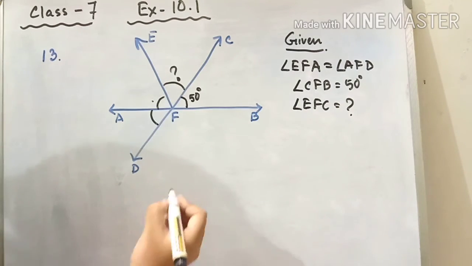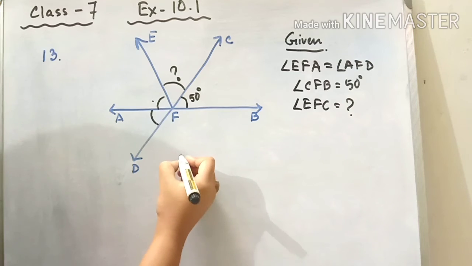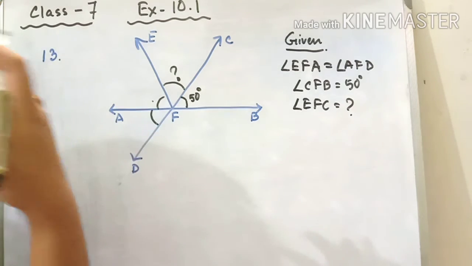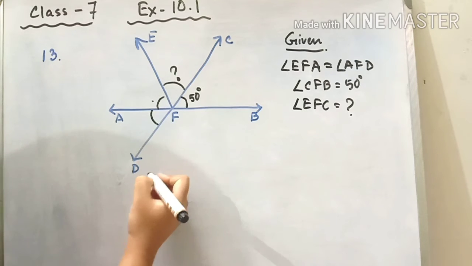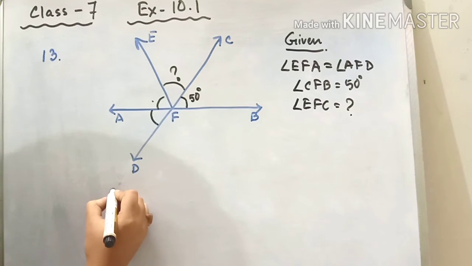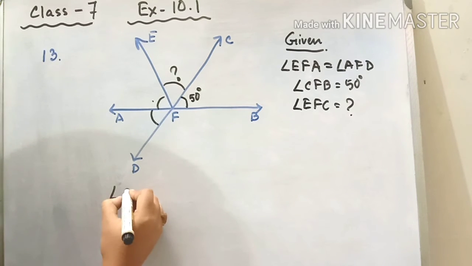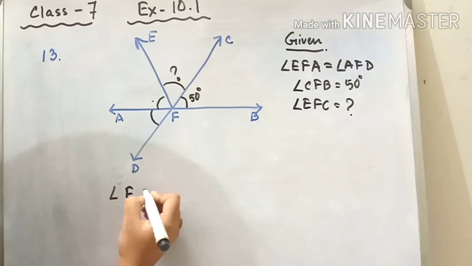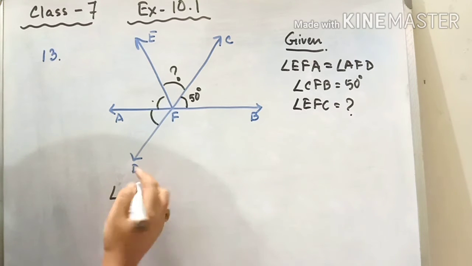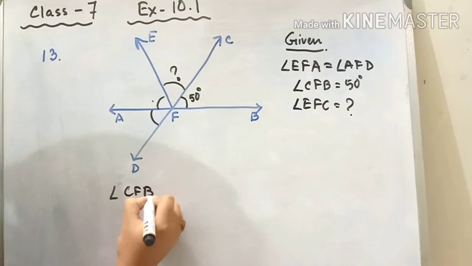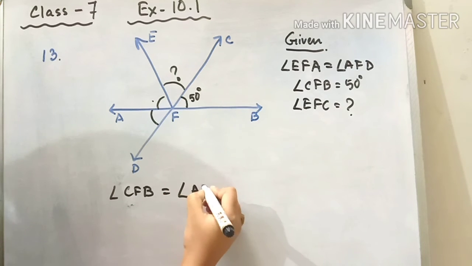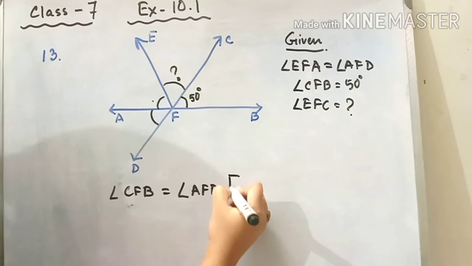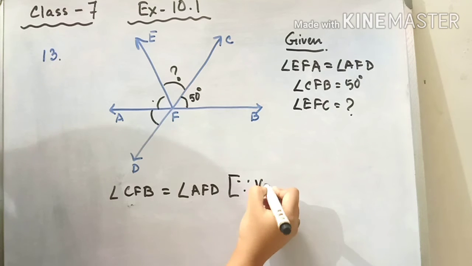Alright. Now first of all, we need to know what things we are remaining or we have to find out. Now look at this figure very carefully and we can find from there that angle CFB is equal to angle AFD. How? Because they are vertically opposite angles.